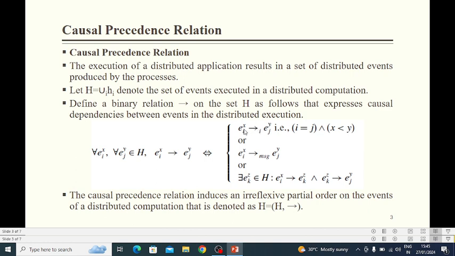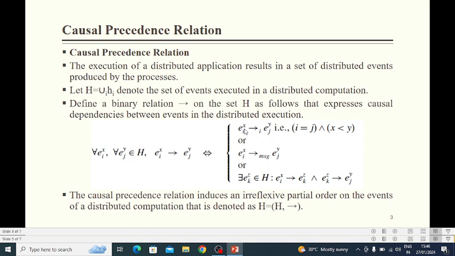If the xth event of process Pi affects the yth event of process Pj, then first i must be equal to j. That means both events occur in the same process. If i is equal to 1, this will be e_1^x and here it will be e_1^y.